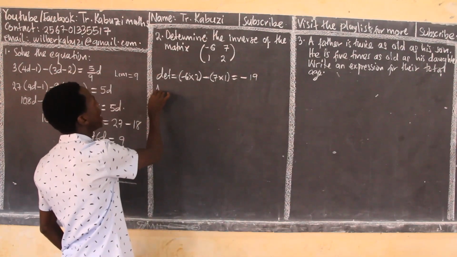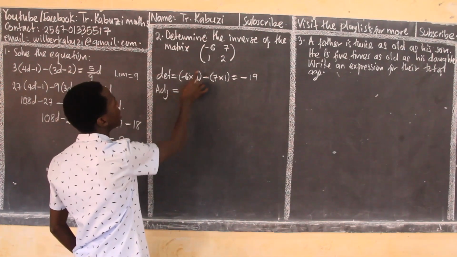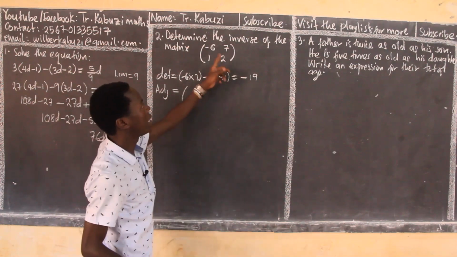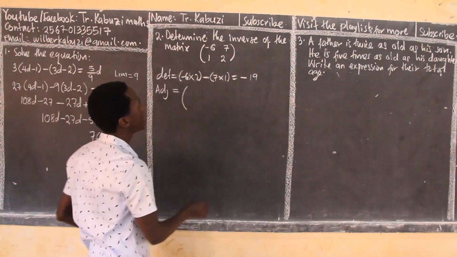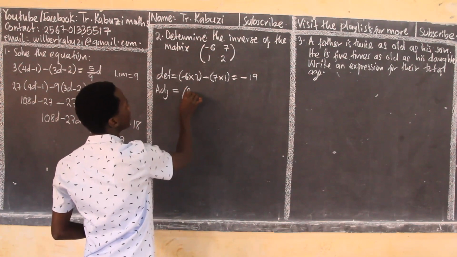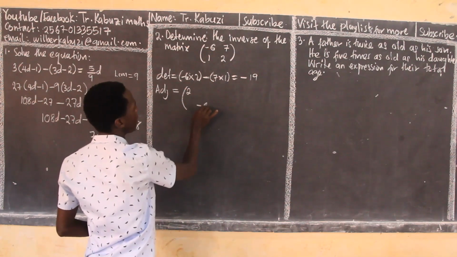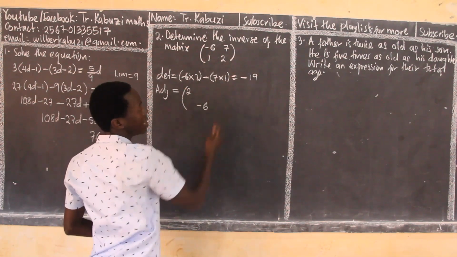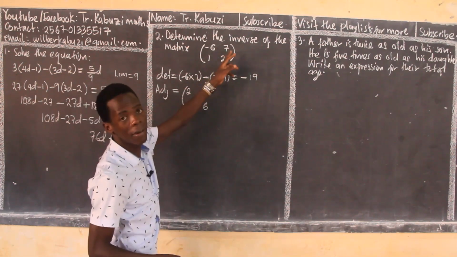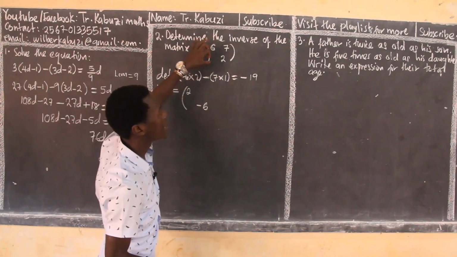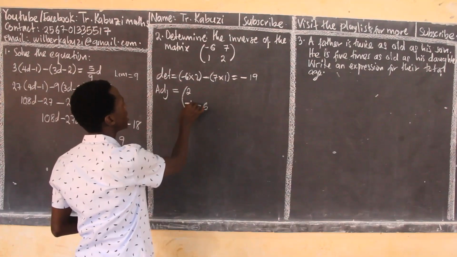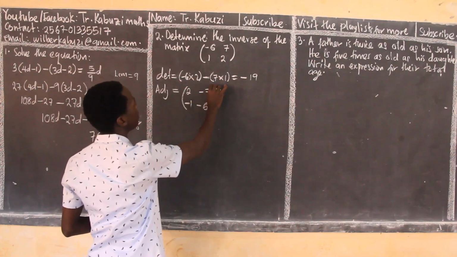Then we also get the adjoint of our matrix. The adjoint, we said, we interchange elements in the major. So this one comes here, then this one gets there. Then we change signs, or we multiply by -1 the elements in the minor. So this one becomes -1, this one becomes -7.